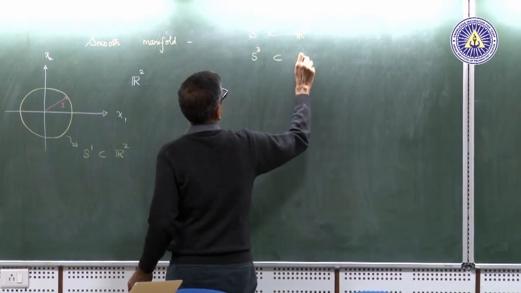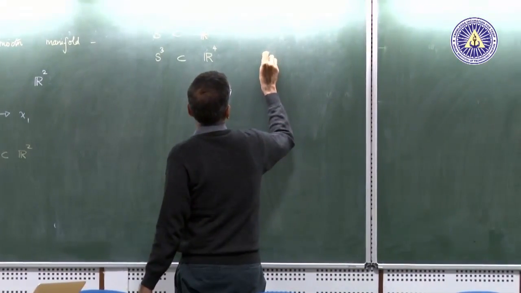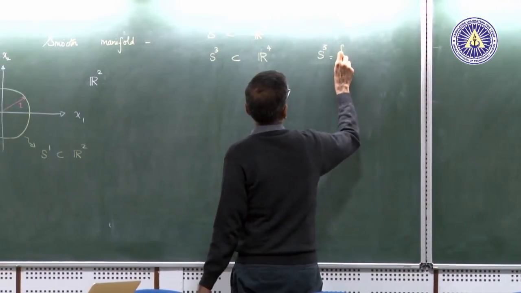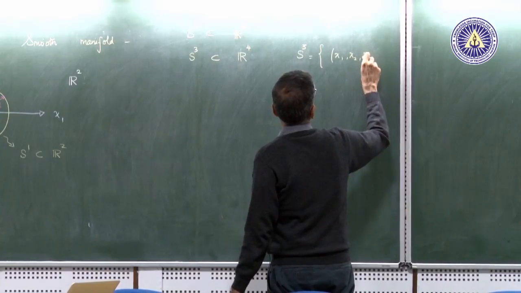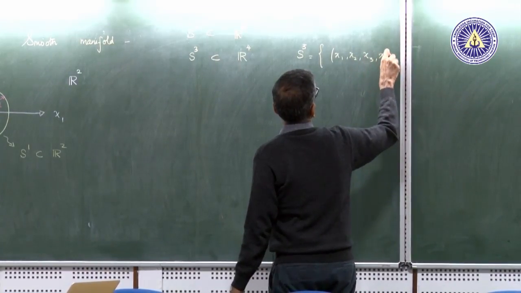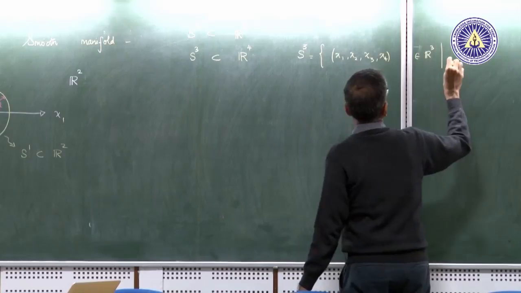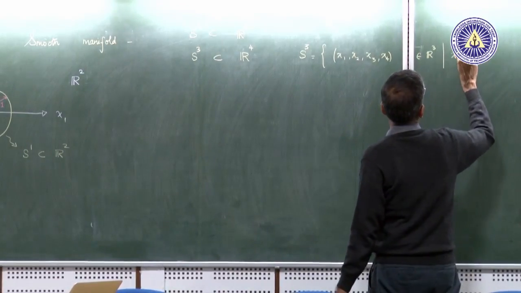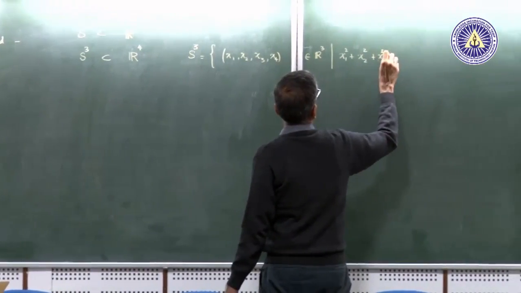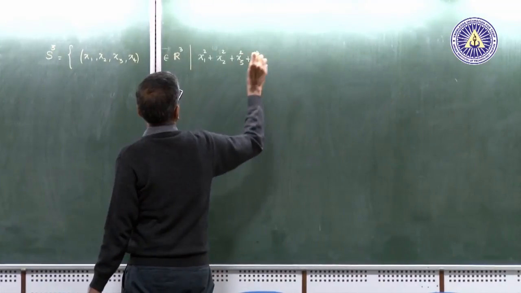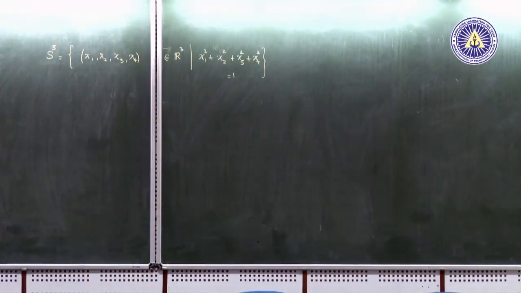S3. So, what would S3 be? S3 would be defined as all those 4 tuples in R4 such that the sum of squares is equal to 1, right.